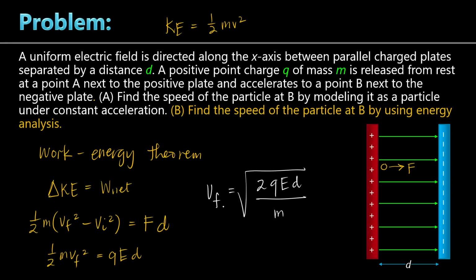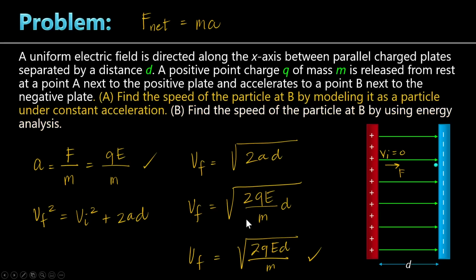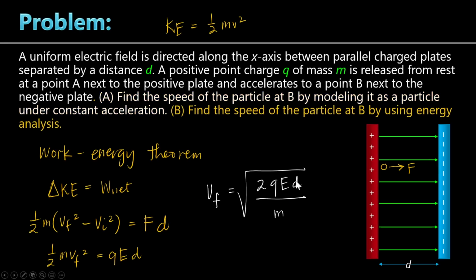Yung nakuha nating equation ng final velocity, kagaya lang nung nakuha natin kanina, square root of 2qed over m. Now we have square root of 2qed over m. So, anong ipinapakita ng example na ito? Itong problem na ito, pwede mo pala siyang isolve using two different approaches. Yung isa, ang approach natin is yung kinematics.